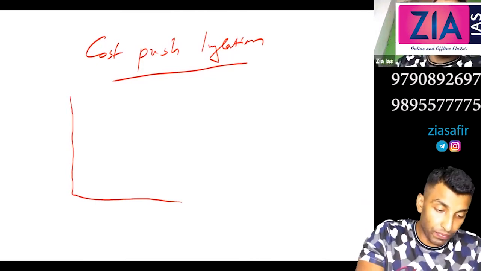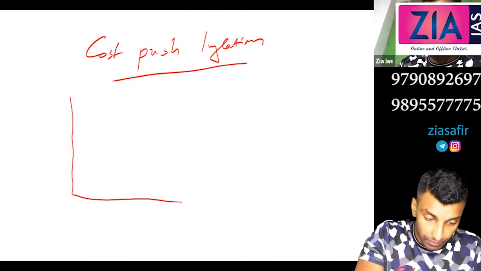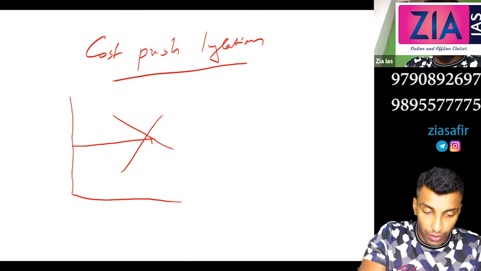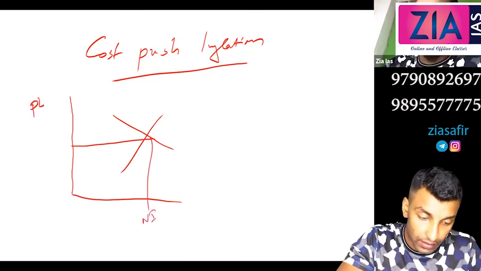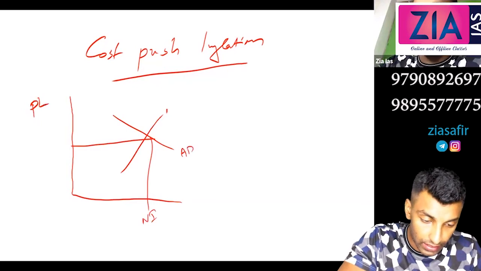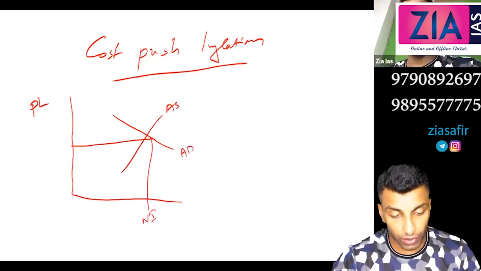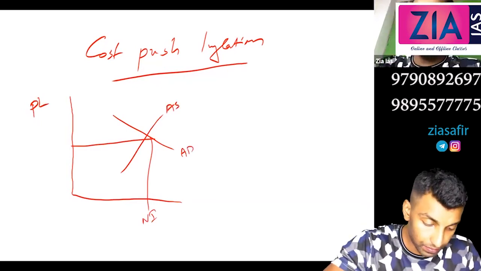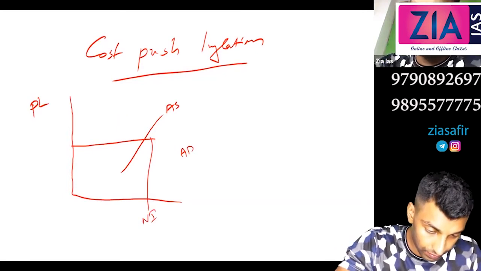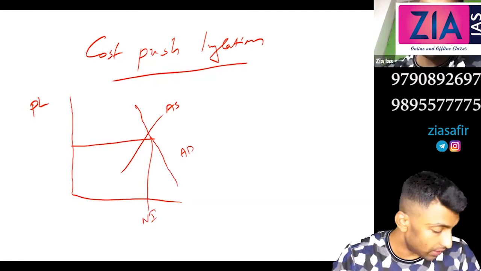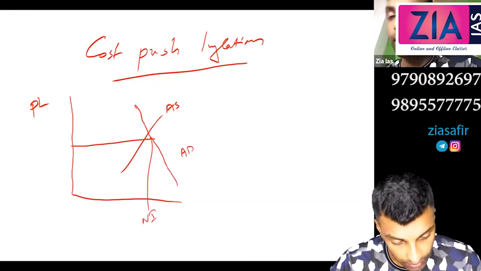Okay, so let's suppose this is a normal situation. You can draw it properly. This is national income, this is price level, and this is aggregate demand, and this is aggregate supply. Here I am talking about a situation where supply is decreasing.